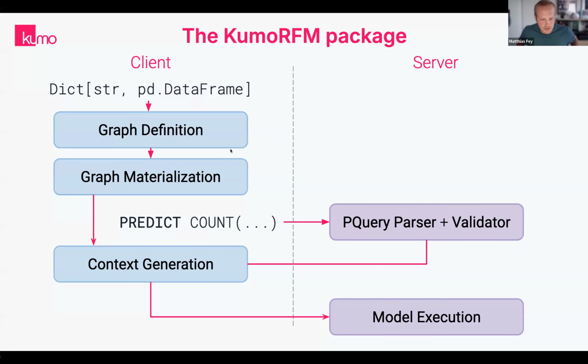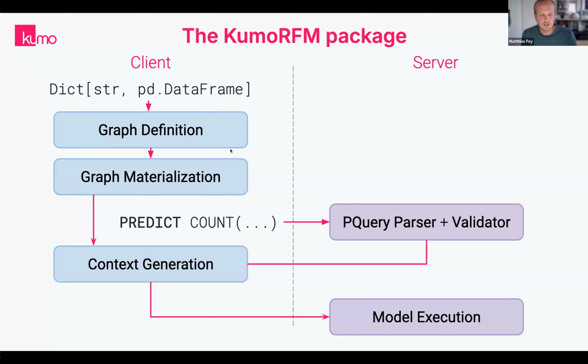I want to use a bit of time to explain how the KumoRFM package works, because I also see questions around what gets actually sent to the model. KumoRFM is designed in such a way that most of the work is actually done on the client side. We currently expect users to hold a set of pandas data frames in memory. Based on these definitions of pandas data frames, we define a graph out of this. This means what is the primary key, what is the time column if it exists, how a foreign key is defined, and so on.